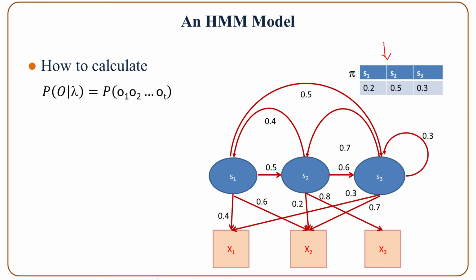The probability of arriving at state S1 is 0.2, at S2 is 0.5, and at S3 is 0.3.